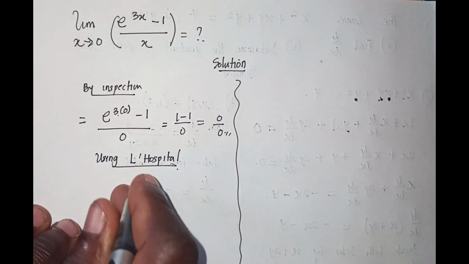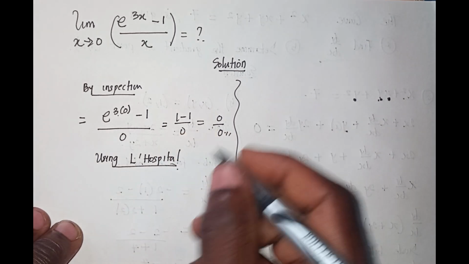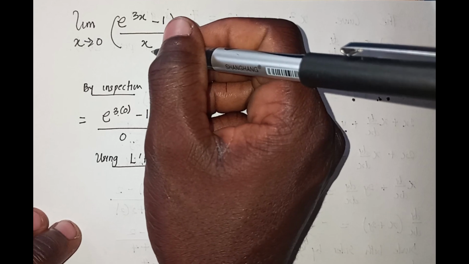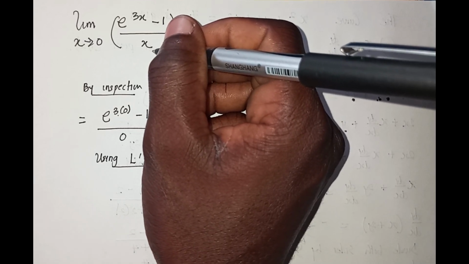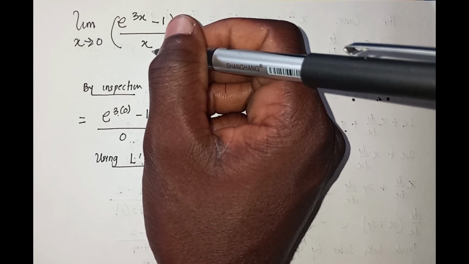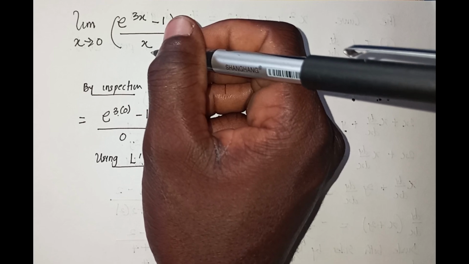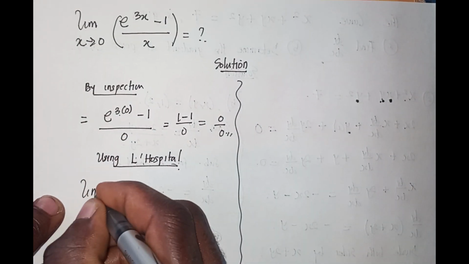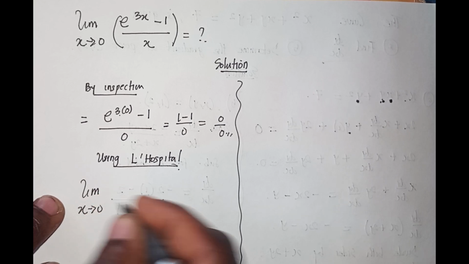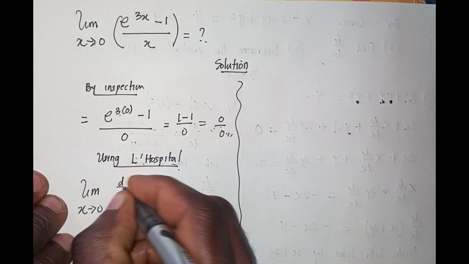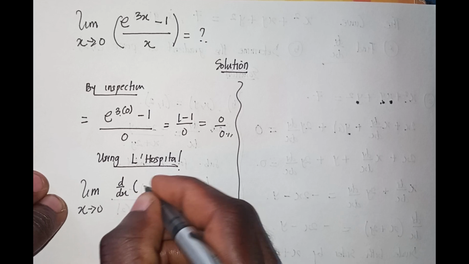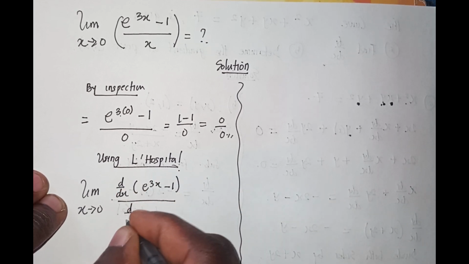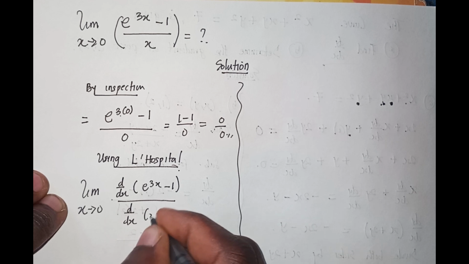So the L'Hospital rule says that we should differentiate both the numerator and the denominator respectively, and then we can substitute the value. That means here we'll be having the limit as s tends to 0 of d/dx of e raised to power 3x minus 1 over d/dx of x.